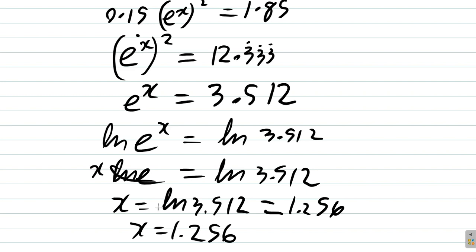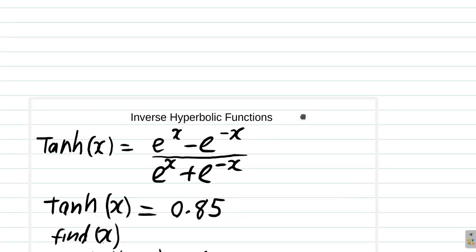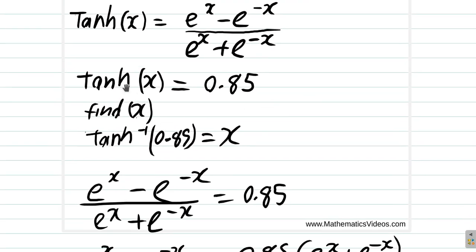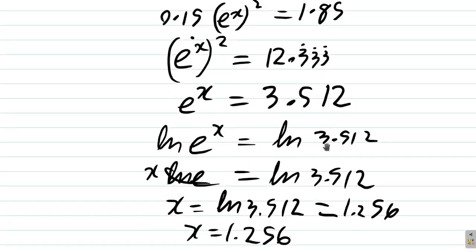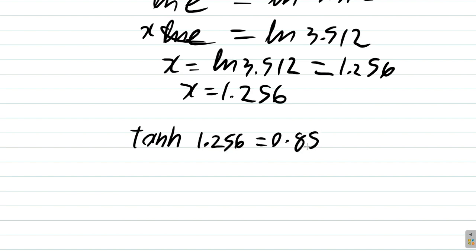Now, x is 1.256. What's going on here? We see that the tangent of x is 0.85. So what this is telling us is the hyperbolic tangent of 1.256 is supposed to be 0.85.